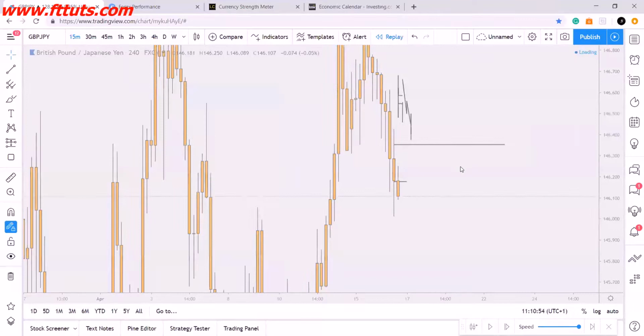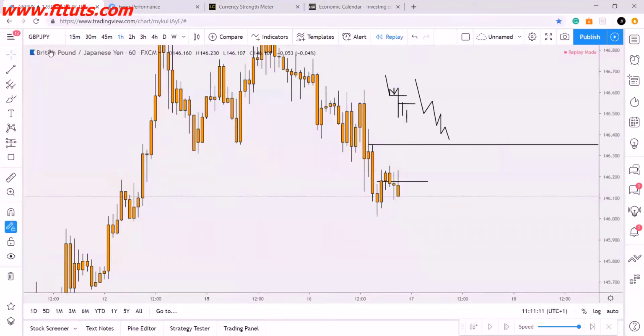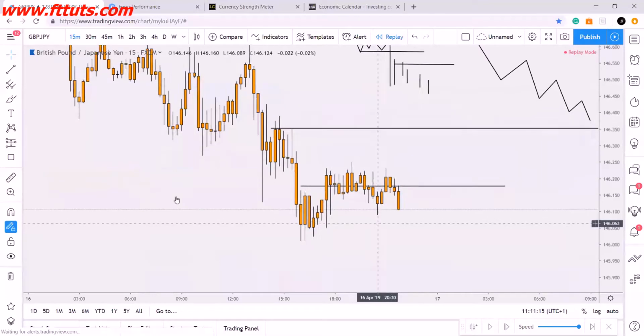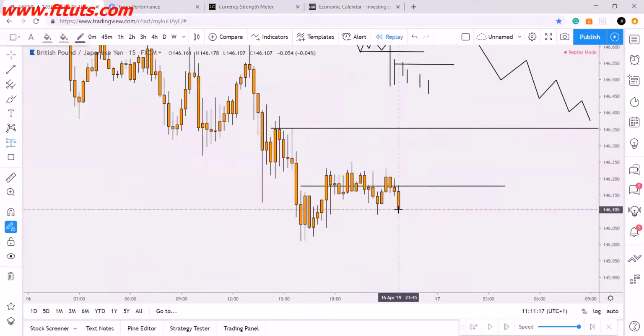15-minute time frame. Okay, here we go. So let's take this trade and see what's happening.